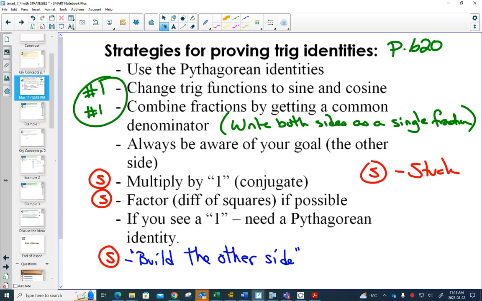So always be on the lookout for differences of squares. And the other is build the other side, which is multiplying by the conjugate. So multiplying by 1, the conjugate, is the same as building the other side. Those are ones that you're going to use when you get stuck.